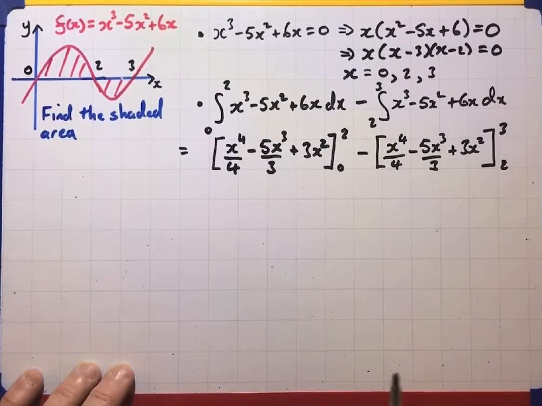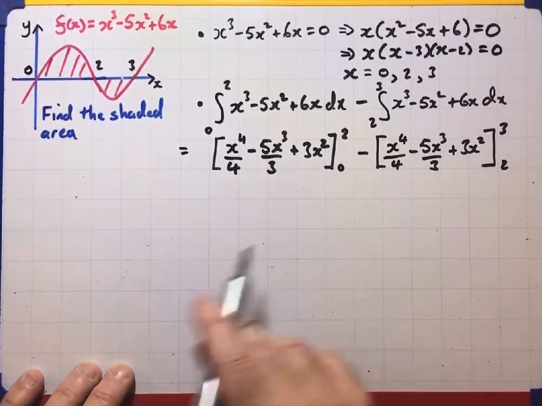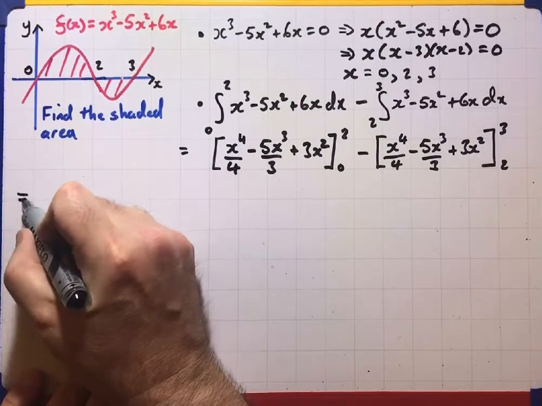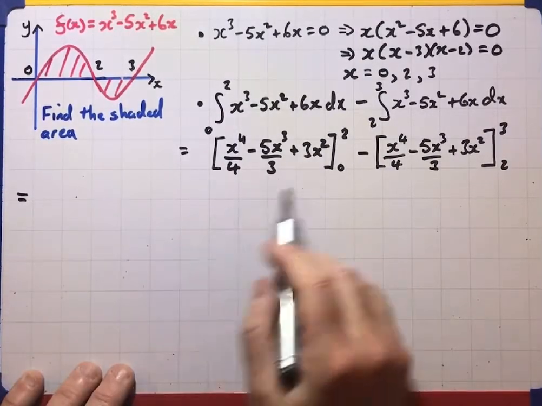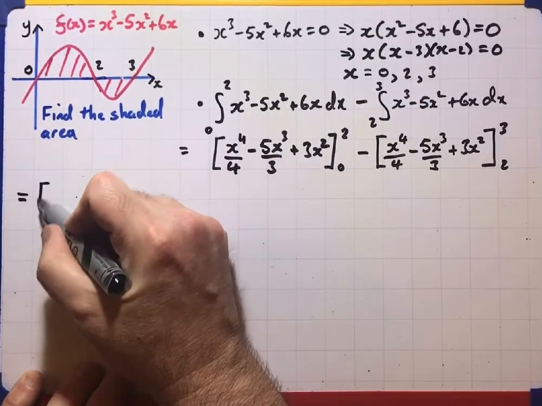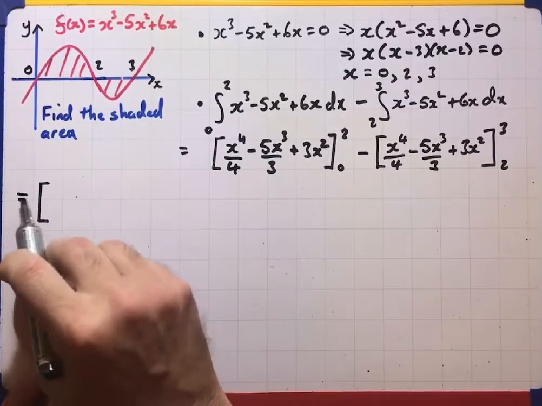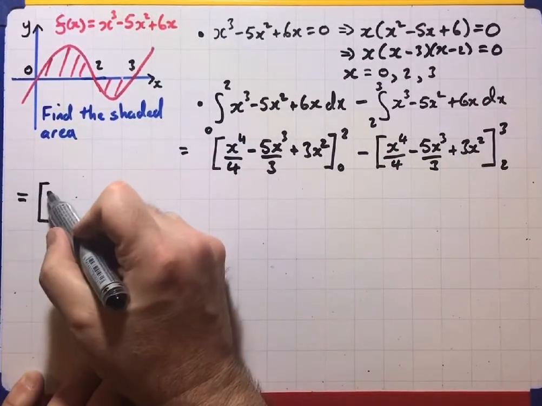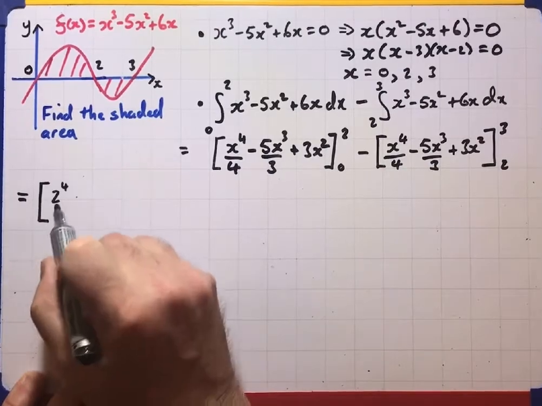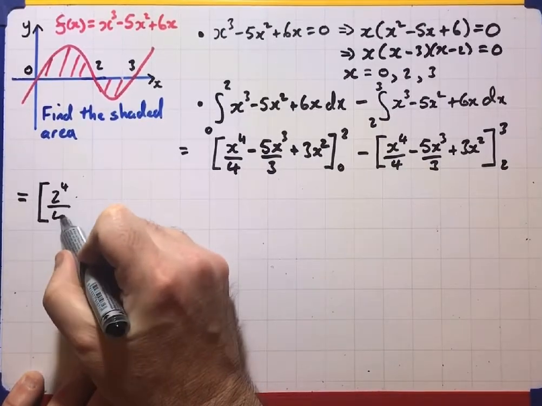Okay, now becomes the huge bit again where we've got to put in our numbers. So if we had a look at that, what we've got to do, put in 2, okay, which gives us 2 to the power 4 over 4.